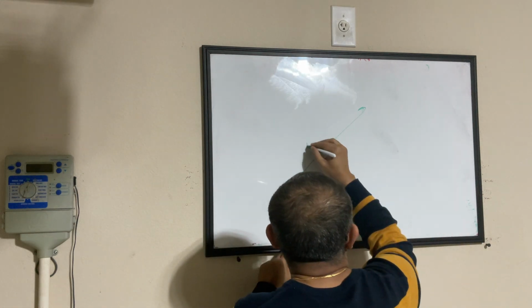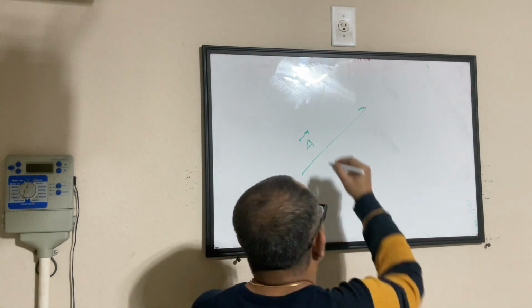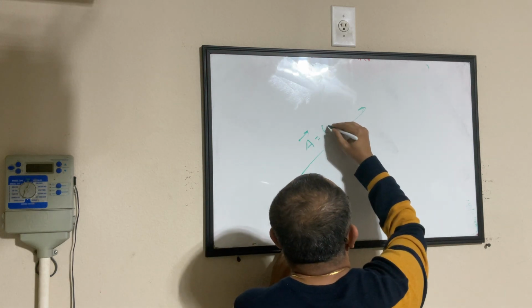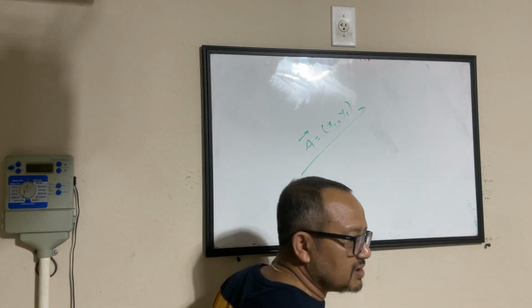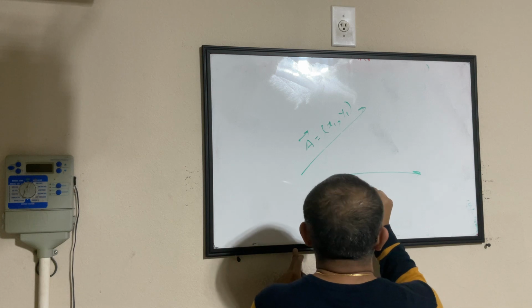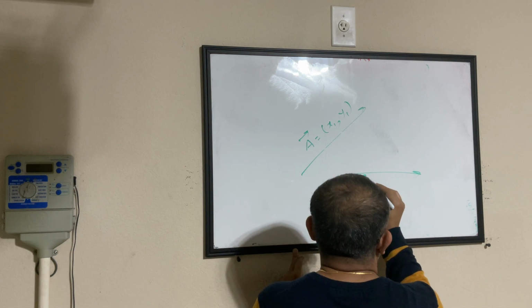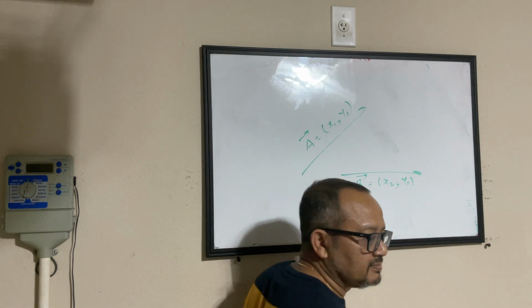I have vector A, which is here. I'm not giving any other detail, okay? This has x1 as the x component and y1 as the y component. I have second vector B with x2 and y2.